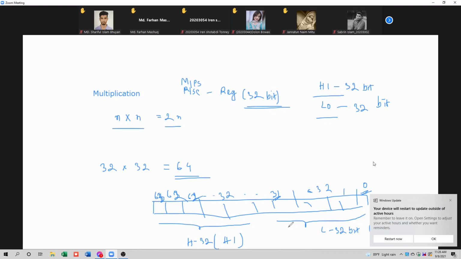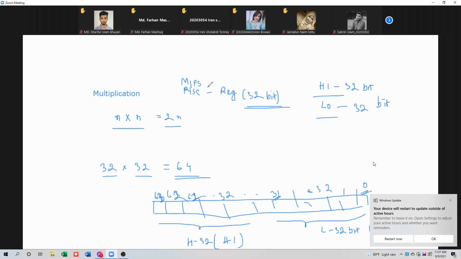Yes, ma'am. Just remember that for any operation we need some operands, and after executing that operation we will get a result. Now look at the length of the operands. Your source operands are 32-bit numbers, so you can easily use any register of the MIPS processor, but the result is a 64-bit number.